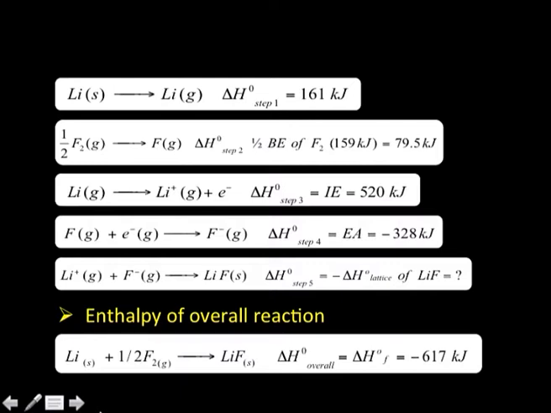Now, let us go further and look at the following expressions. They are the same expressions, but now we have put in the corresponding energy numbers. I have 5 expressions here, the 5 steps involved in the formation of the lattice of lithium fluoride from lithium and fluorine, and this gives me the overall energy of the formation of lithium fluoride from lithium and fluorine.